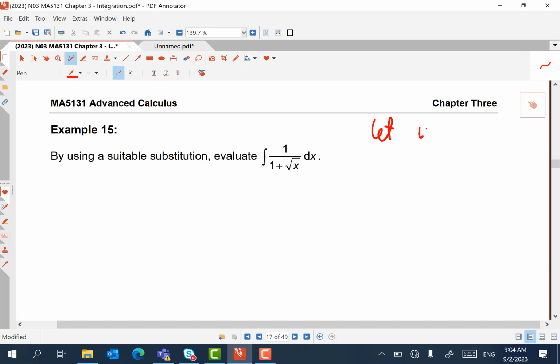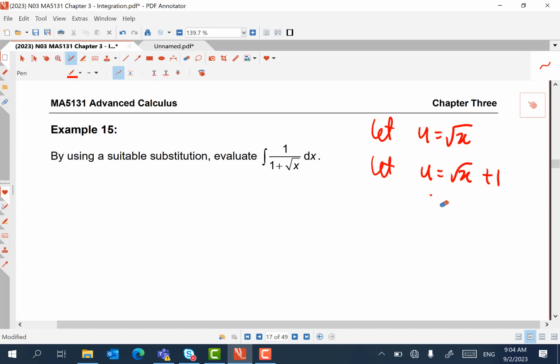Let u equals to x. You're saying this, right? You meant this. Yeah, you learned the trick. Do you think that if I let you be this one, do you think it'll work? If I let you square, okay, sorry.